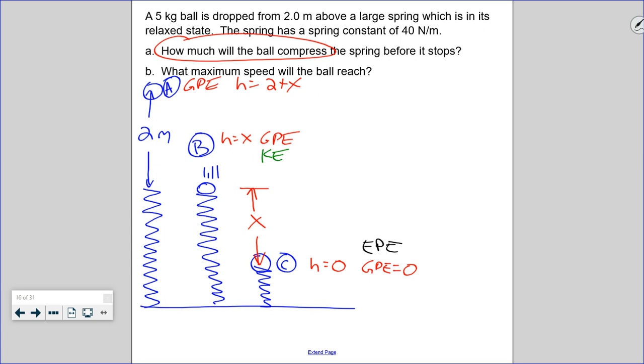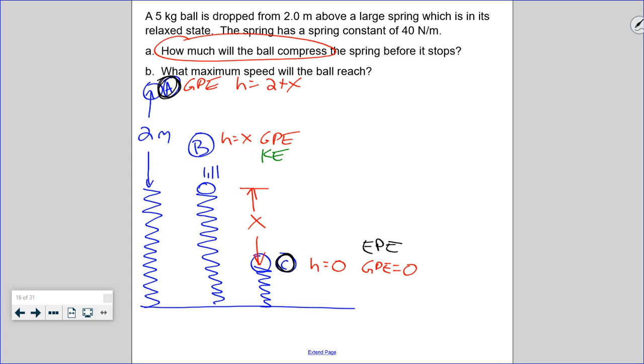The only forces here are gravity and the spring, and so our total energy is constant. We're trying to find x, so I'm going to focus on point A and point C. Sorry, I'm hesitating because I was solving this differently than the way I did it on my paper.